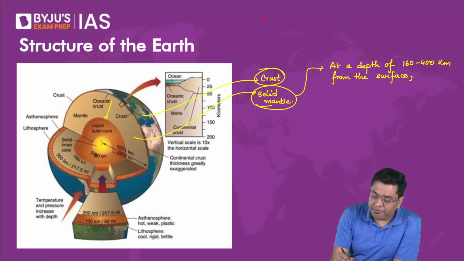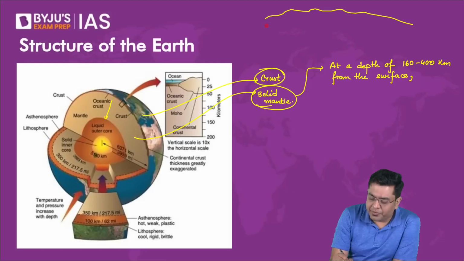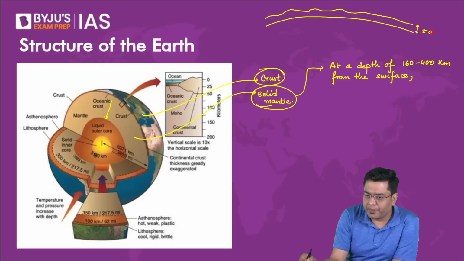Let's suppose this is the crust, obviously it won't be uniform. Let's suppose this is the limit of the crust, up till a distance of around, let's assume, 50 kilometers. Now, underneath it, you have the mantle. This is where the mantle starts.